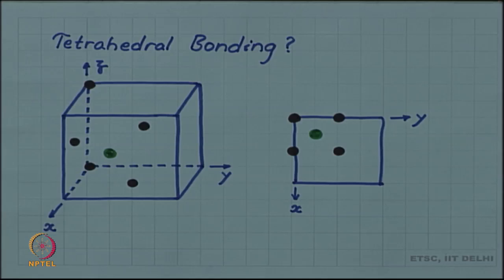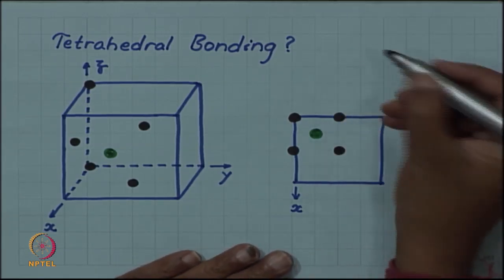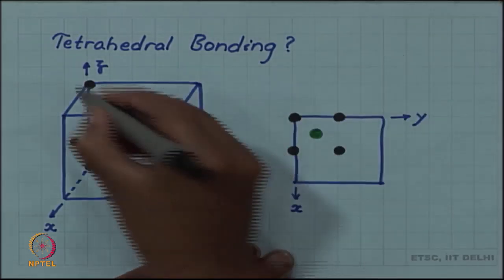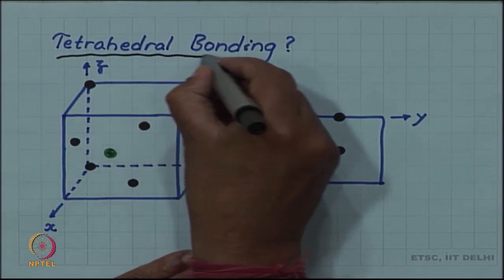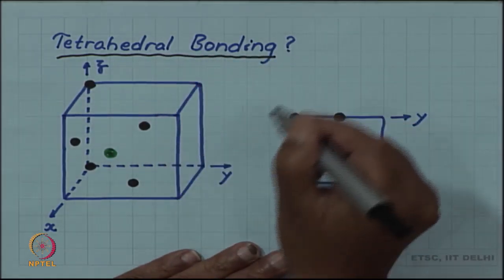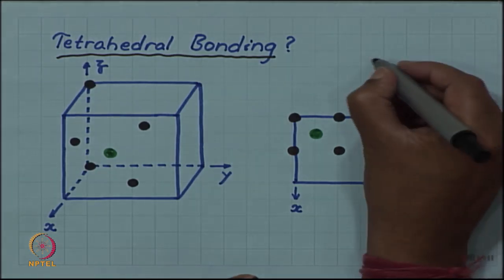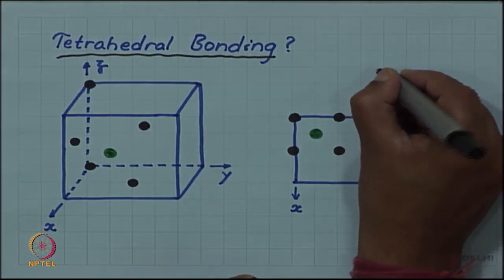We also know, from our previous studies, that there is a tetrahedral bonding of carbon. Each carbon atom is bonded to 4 other carbon atoms located on the corners of a tetrahedron in diamond.